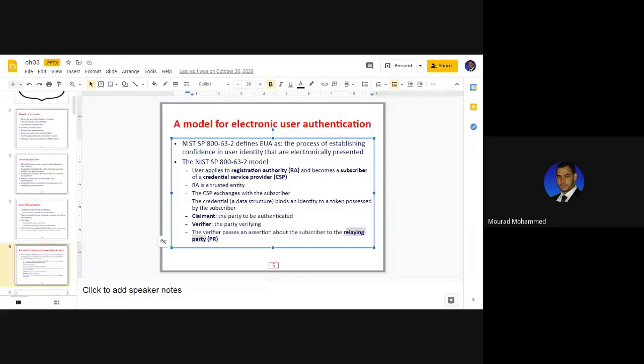So in conclusion, the actors in an authentication scenario are three: the claimant, the verifier, and the verifying party, or let's say the reliant party. For the reliant party, we can take the example of the database.